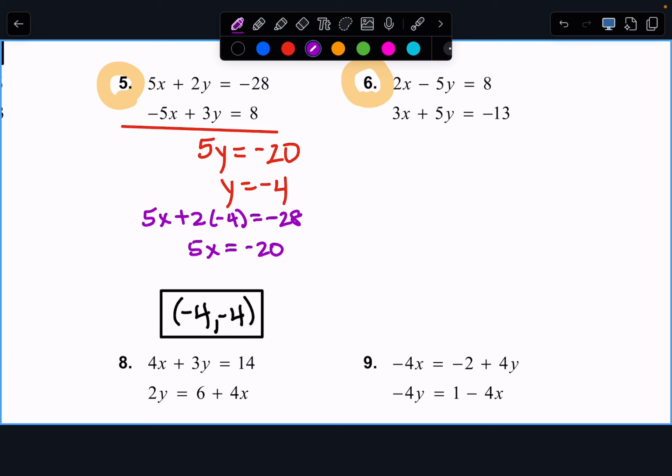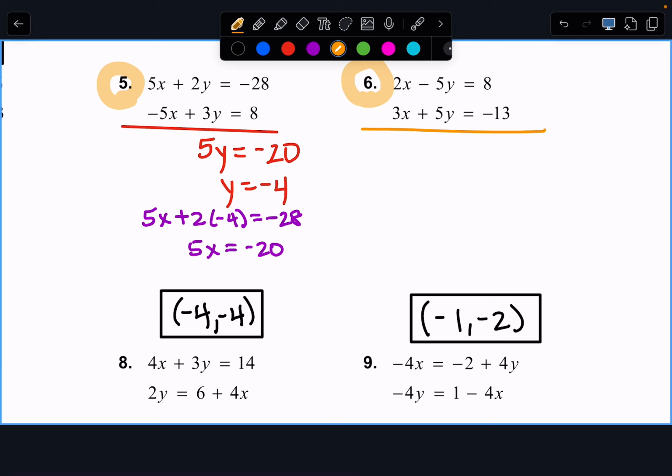Okay. Willow, what'd you get for number 6? How do we feel about that? Okay, so now we're going to eliminate y, right? We get 5x equals -5. So x is -1. Raise your hand if you plugged this into the first one. Second one.